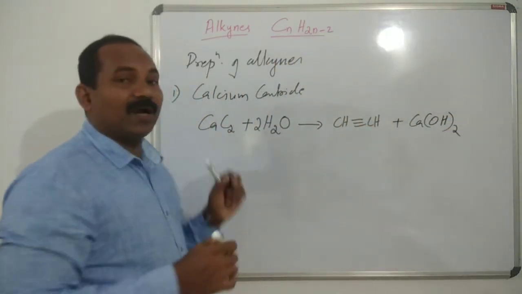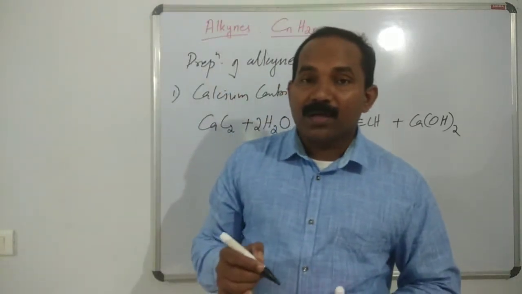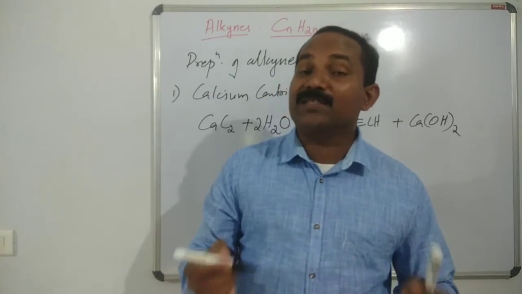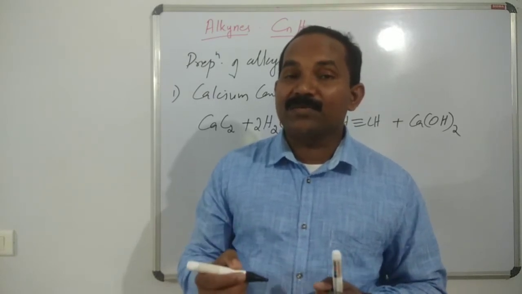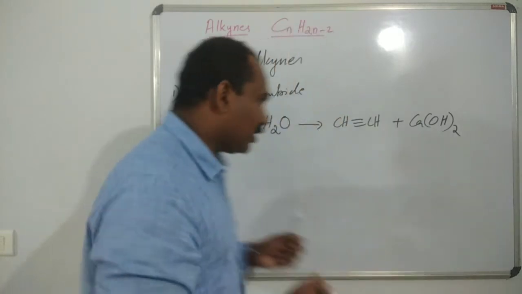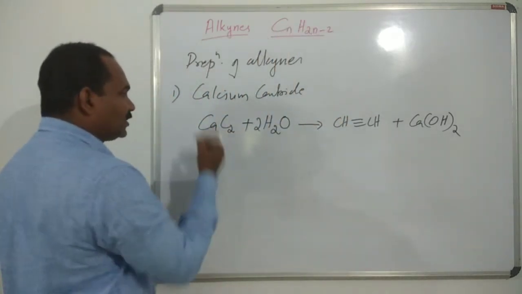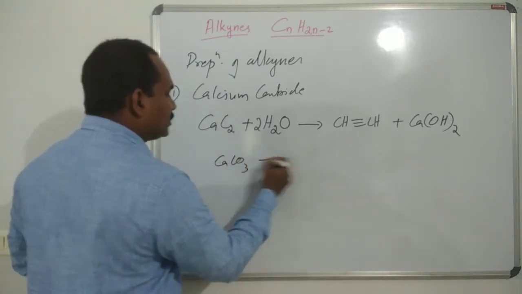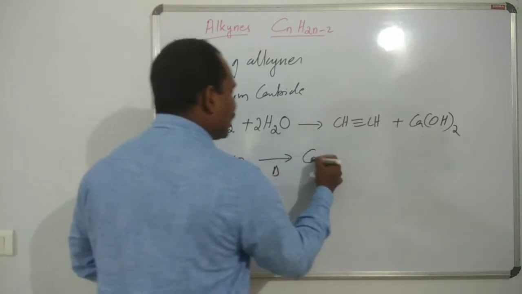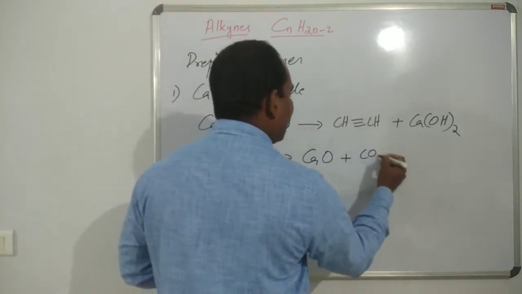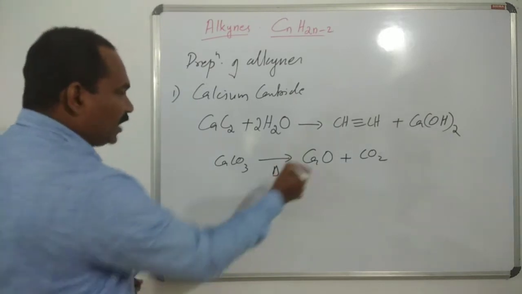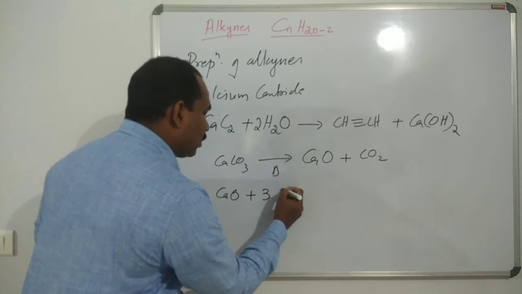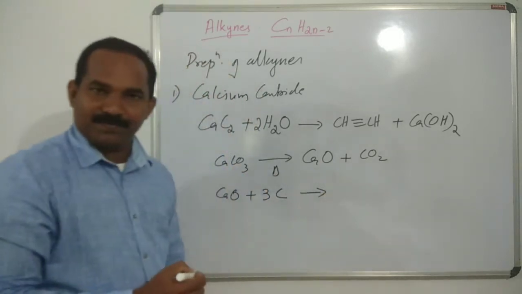And this calcium carbide is prepared from quicklime and coke. Quicklime and coke are heated, we get calcium carbide. So just understand how calcium carbide is prepared. Calcium carbonate is heated, we get calcium oxide plus carbon dioxide. And this calcium oxide is heated with coke. Coke means carbon.